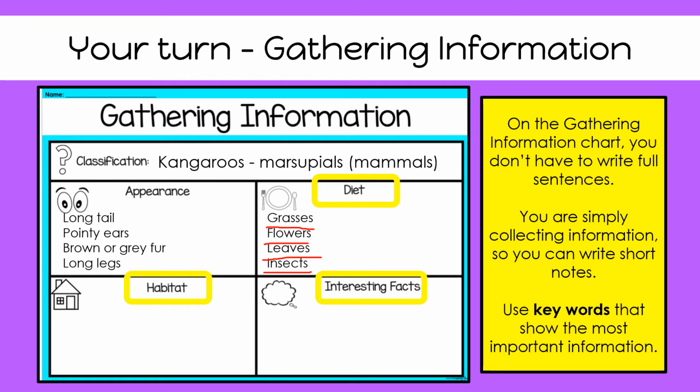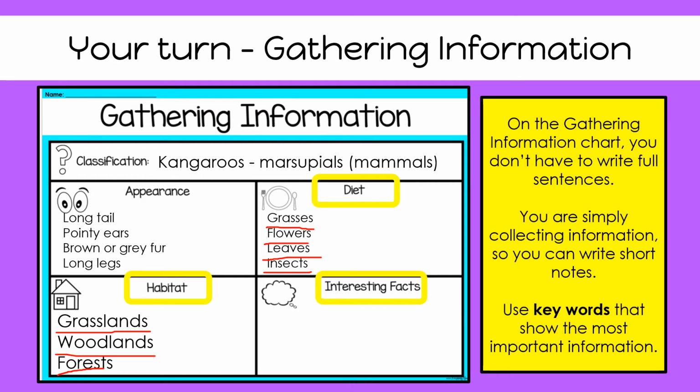So those are the 4 things I chose to write down about the kangaroo's diet. Then when I was researching the kangaroo's habitat, I found that kangaroos can live in these 3 places: grasslands, woodlands, and forests. So you can see I haven't written full sentences, I've just written keywords.